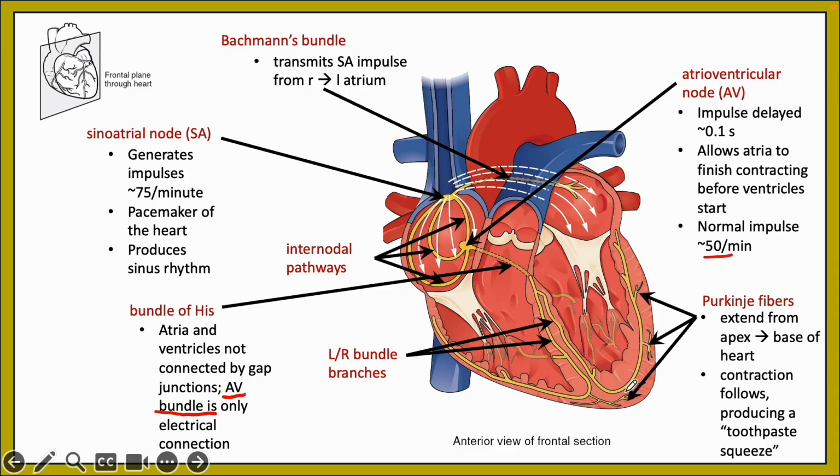So the contraction is actually going to follow as these go back up, which allows the heart to contract from the bottom and contract upward, driving contraction like you would get if you squeezed a toothpaste tube from the bottom to make sure that the stuff is all going upward. If you squeeze from the middle, you'd have some of it going upward, some of it going backward, and that would not be productive for a pumping heart.